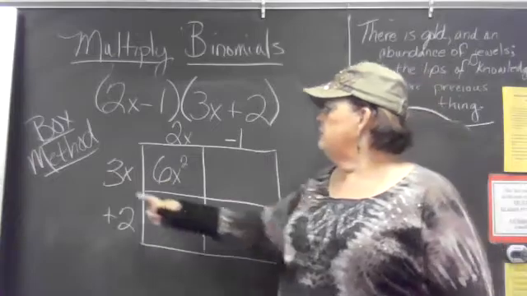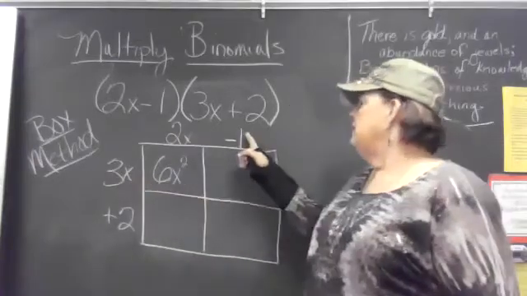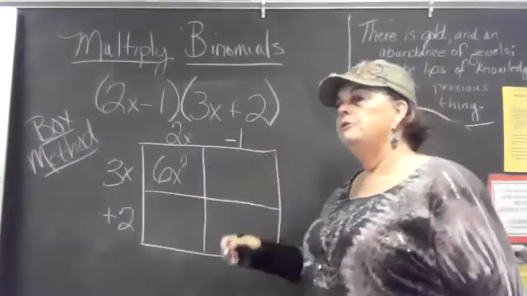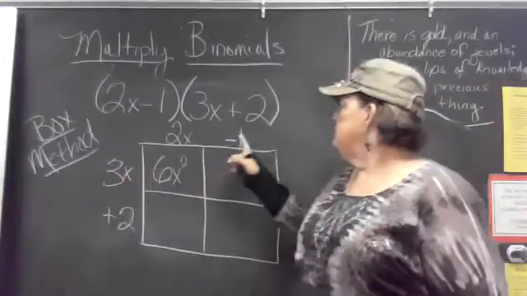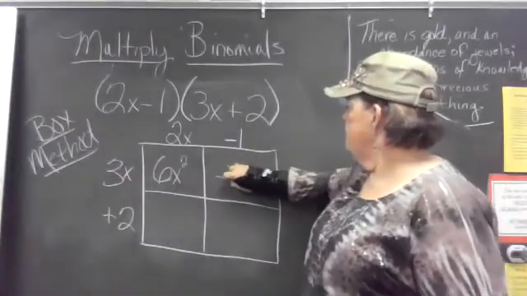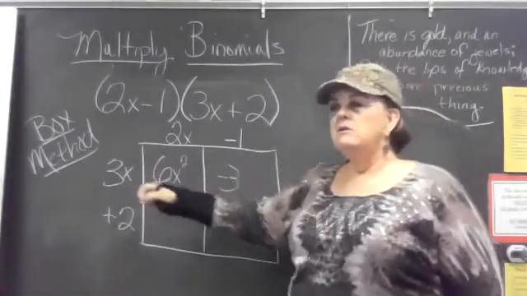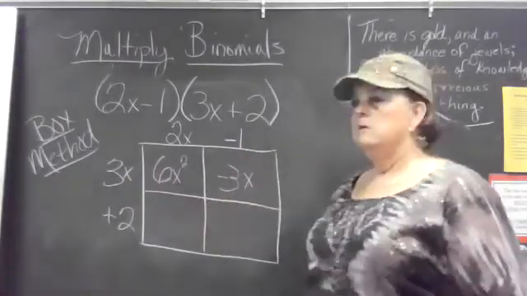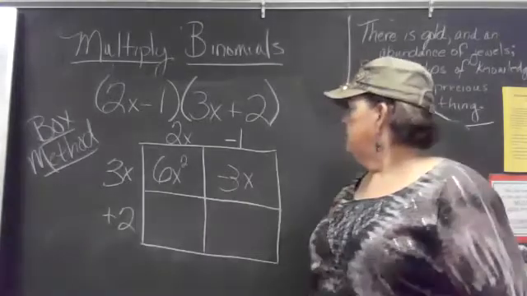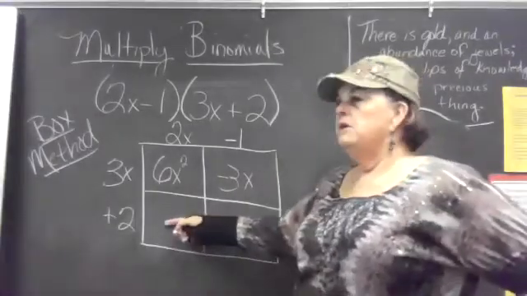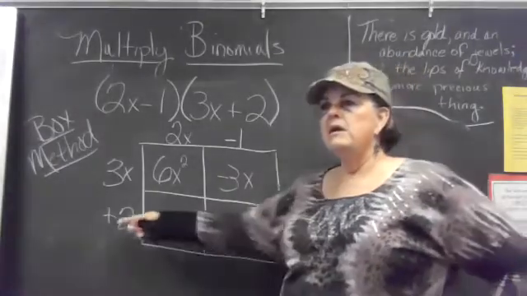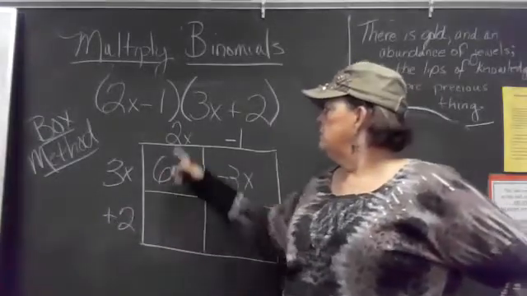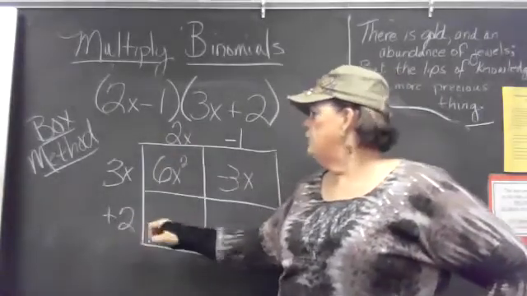So I'm going to take 3x times a -1. We're multiplying all through here. So 3 times a -1 is -3, and I have an x. Y'all see? Okay. And to get the answer down here, I need to go to the side heading and the top heading. So 2 times 2 is 4.